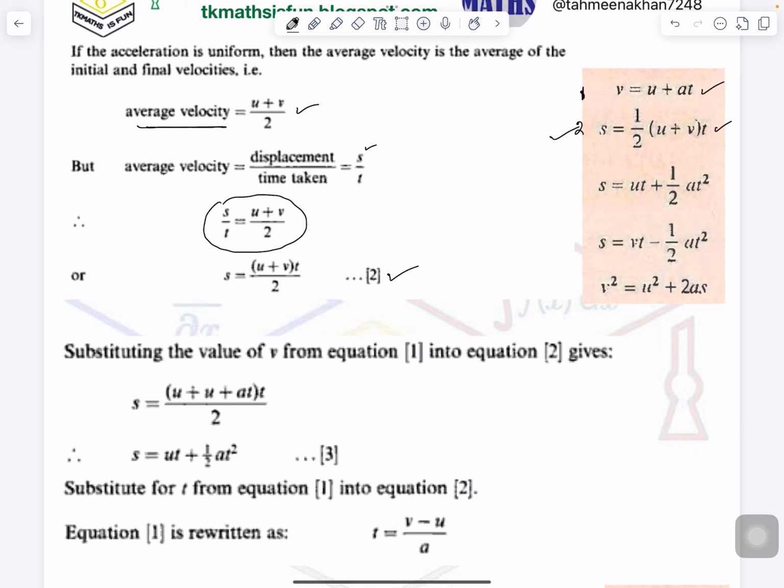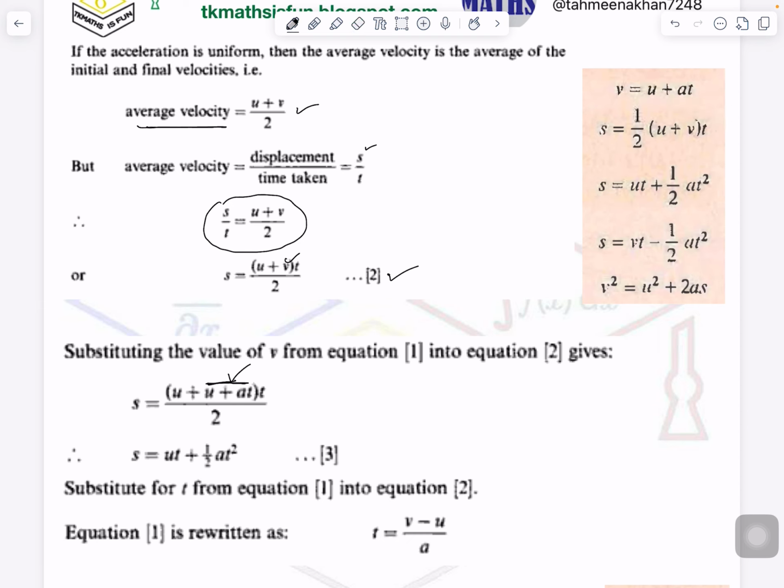This value of v, if you substitute it here, which I have done here, and then simply manipulate it, it will become s equals ut plus half at squared. So basically from equation 1 we have taken the value of v and substituted it in equation 2 and got it.